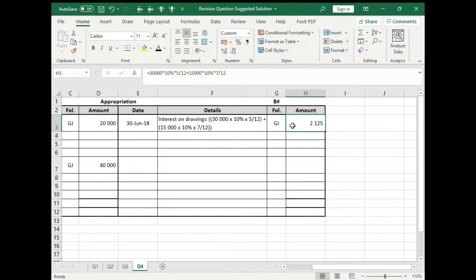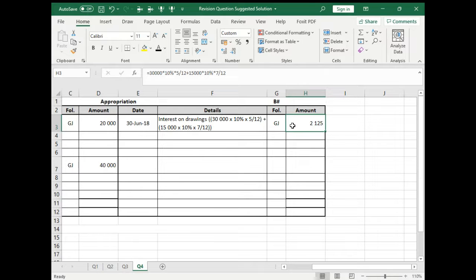Now you can see here, if you misread it, let's say you said both of them were 5 months. You get half a mark for the capital amount, half a mark for the percentage, and half a mark for applying the correct period. So let's say you had the incorrect period. You can still get 1 mark out of 1.5 marks by showing me the calculation, even though you made a mistake. This is why you need to show me the calculations in the exam.